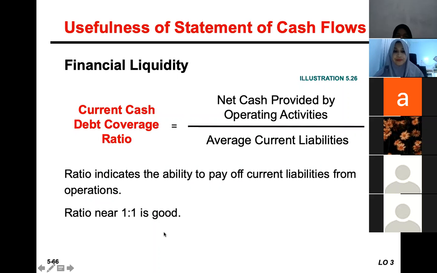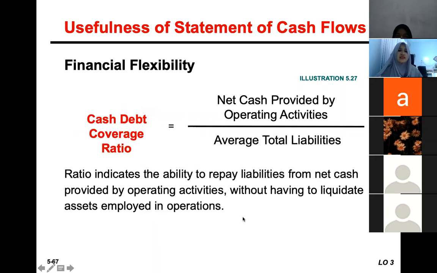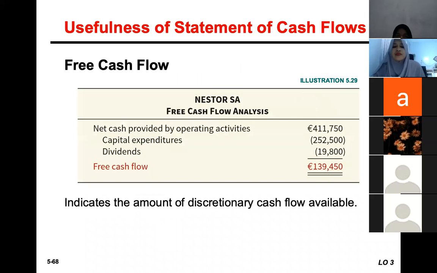Yeah, and there are certain ratios to measure the ability of the cash flow of the company. For example, this free cash flow, which shows how much excess cash the company has for purposes such as expanding the operation, etc.